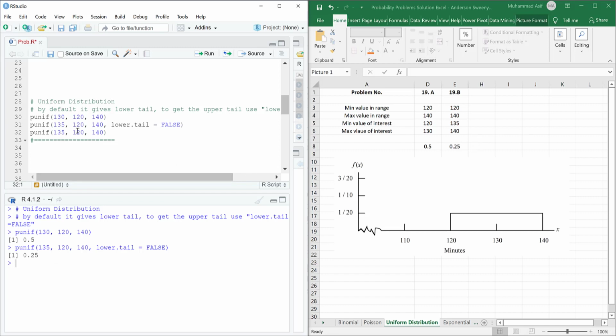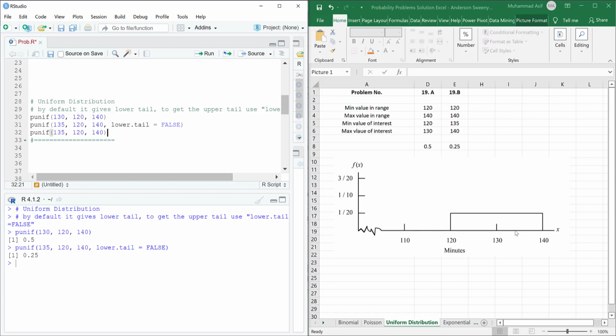And if I use this function, that's 135 and then range. And if I do not mention here anything true or false, then default is true, which means it's asking for cumulative one. In that case, it will give us this area.